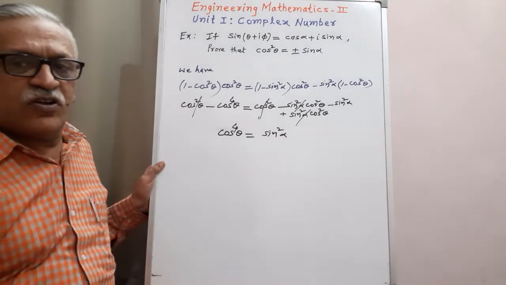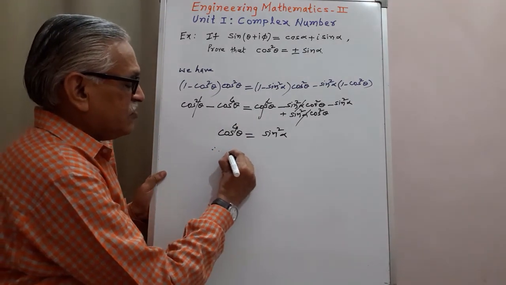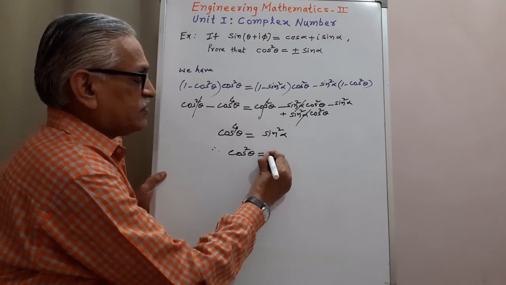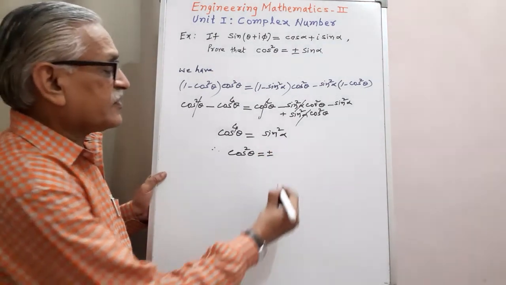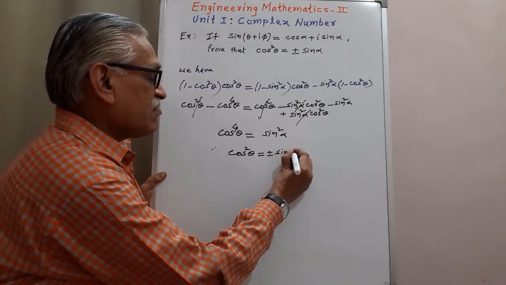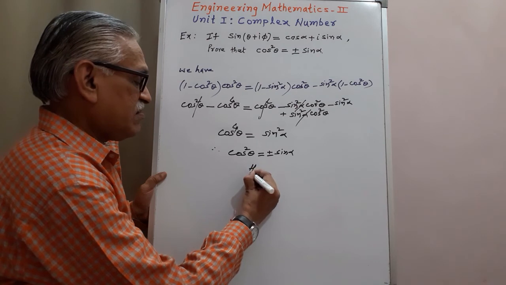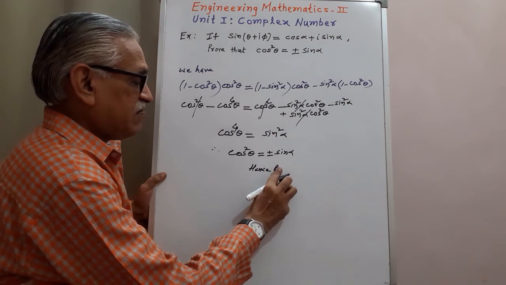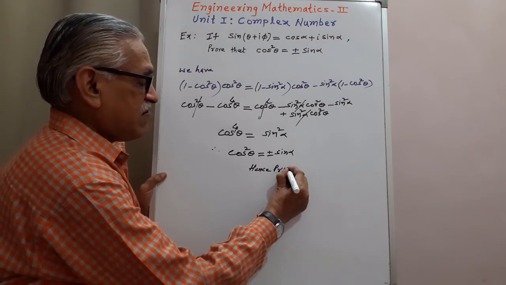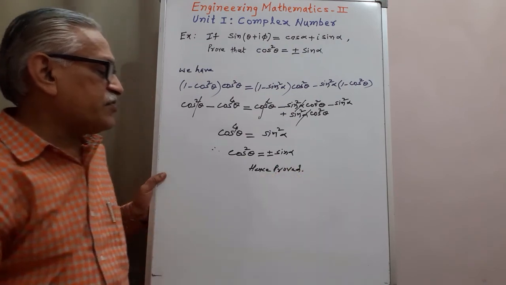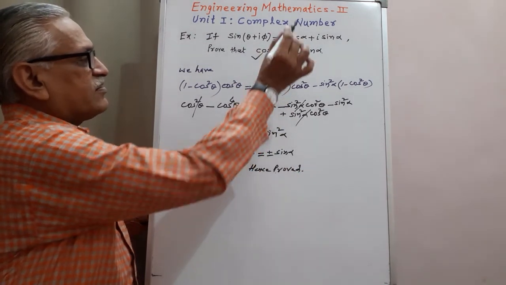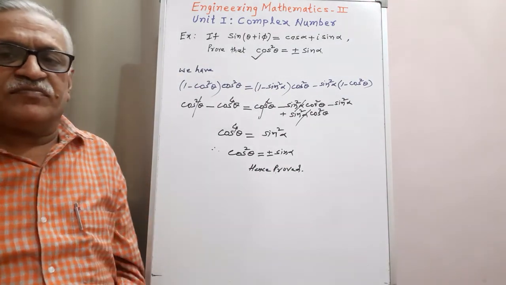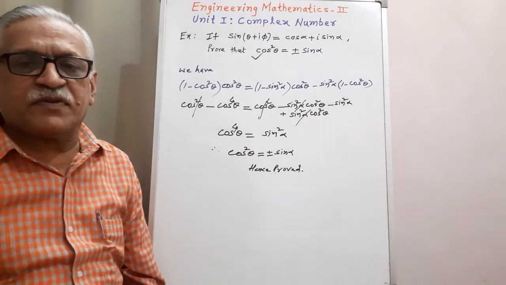And then taking square root on both sides, we get therefore cos²θ is equal to square root of this, with ± sin α. Hence proved. We get the required result: cos²θ is equal to ± sin α.